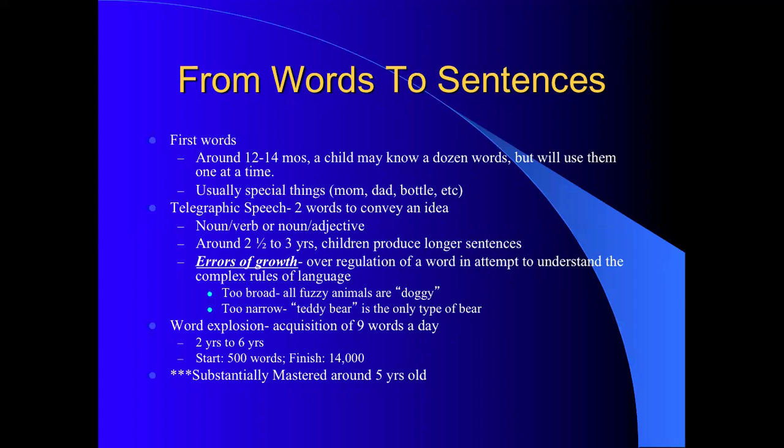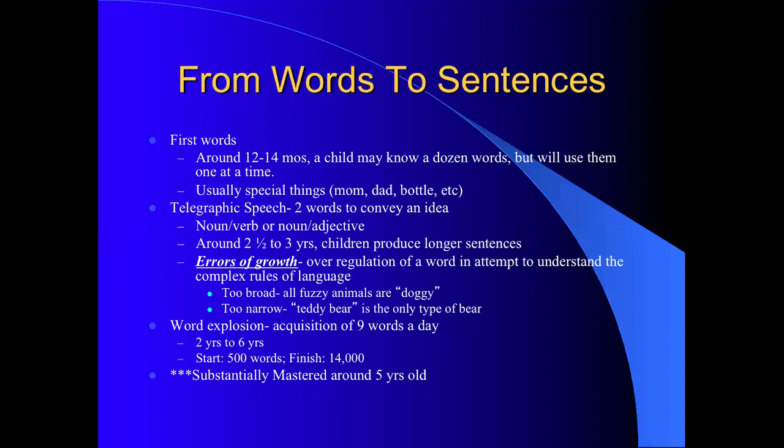Now, what's really, really impressive is that between the ages of 2 to 6 years old, we have a rapid growth in language acquisition. On average, we see that children are acquiring 9 words per day.